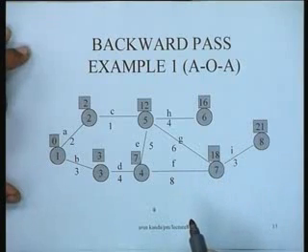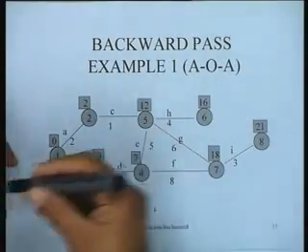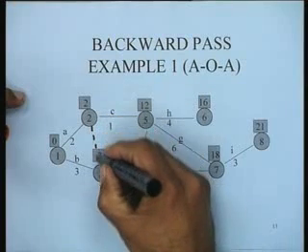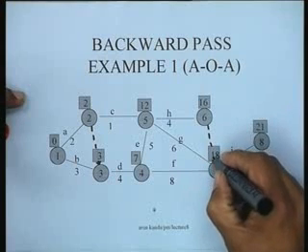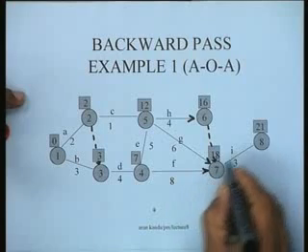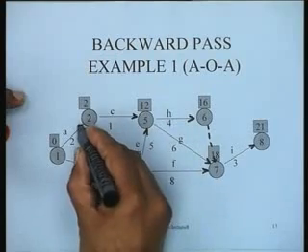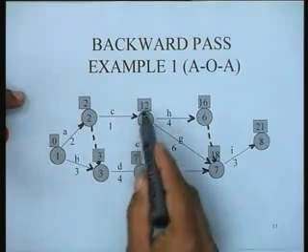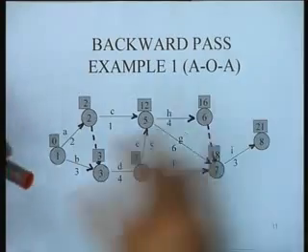Recall that this network has a dummy here, it has another dummy here which goes in, and of course the directions of the arrows are as shown here. After having done the forward pass, for which the results are shown in the boxes on top of each of the nodes, we would like to do a backward pass.